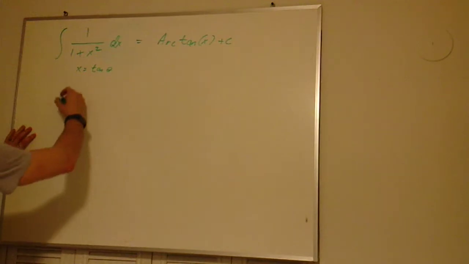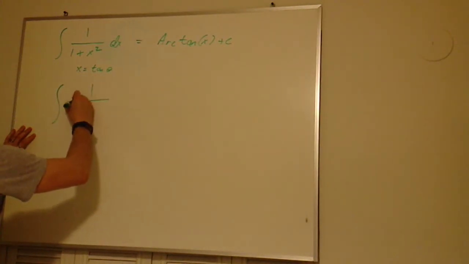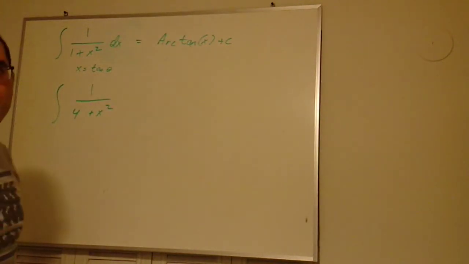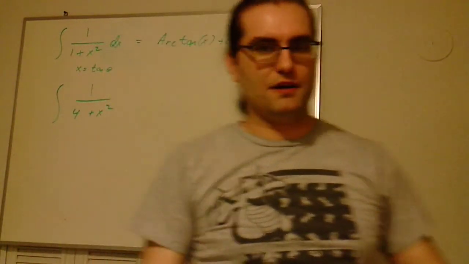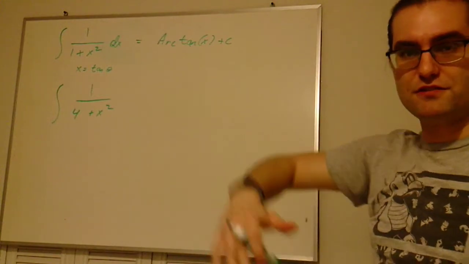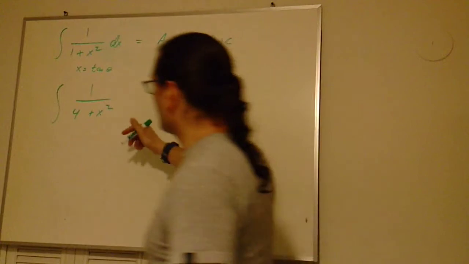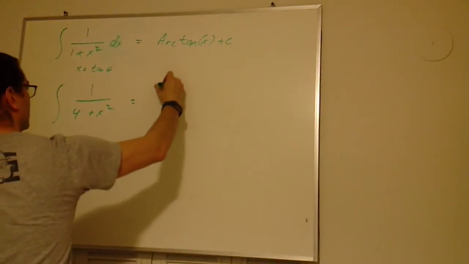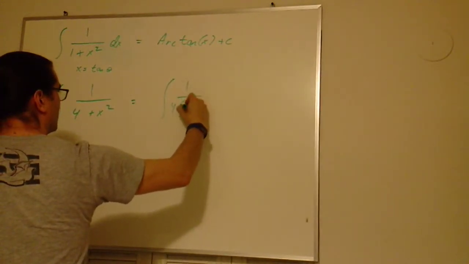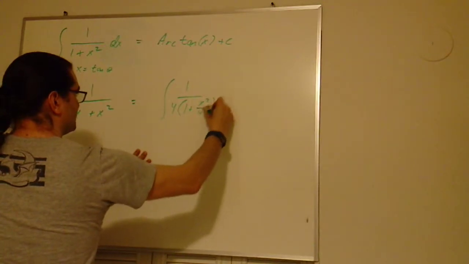I do want to talk about the integral of 1 over 4 plus x squared. Like we did with the arc sines, we changed up some of the numbers in them. We saw how that changed the integral. I want to do that for this as well. And 4 plus x squared is going to look like 4 times 1 plus x squared over 4.